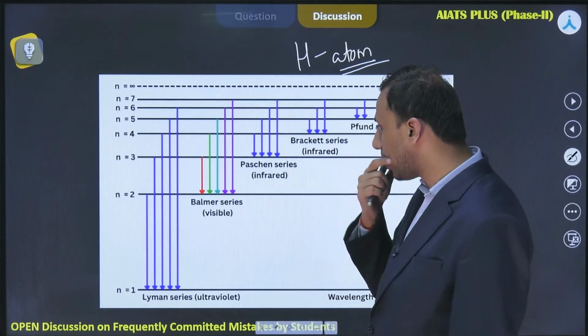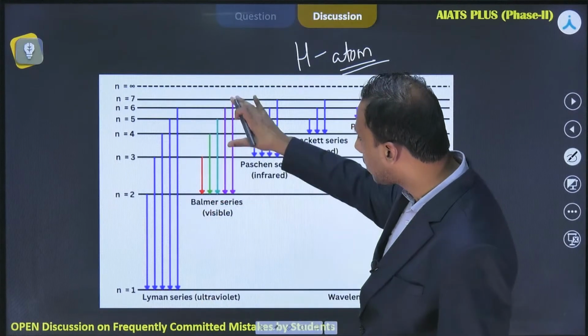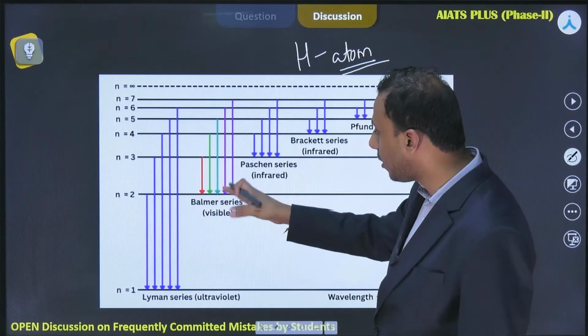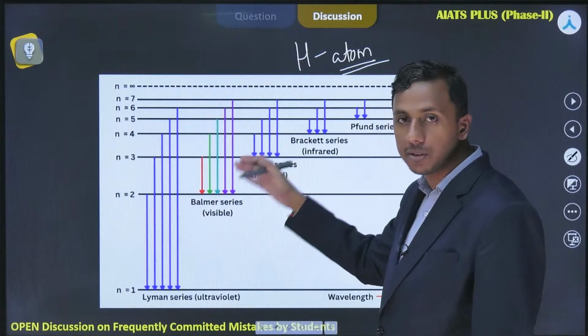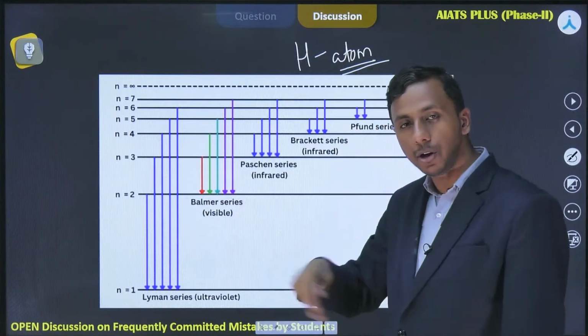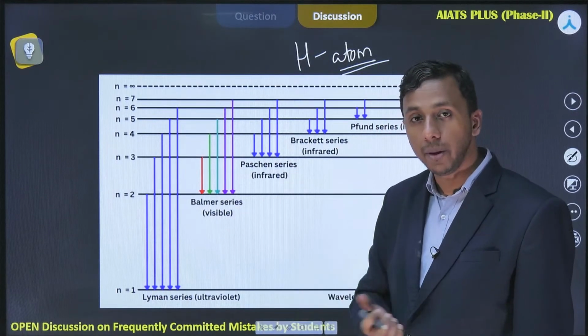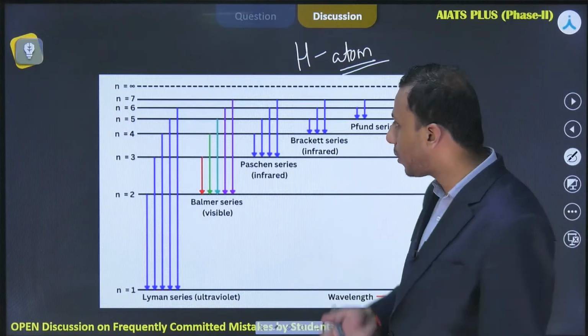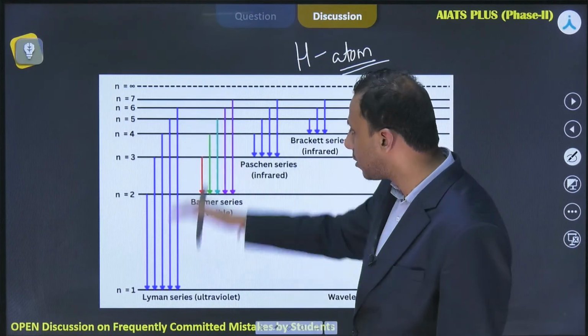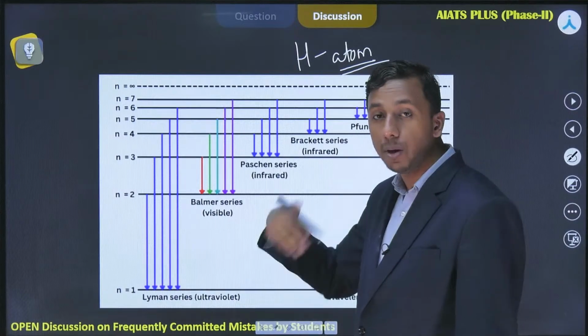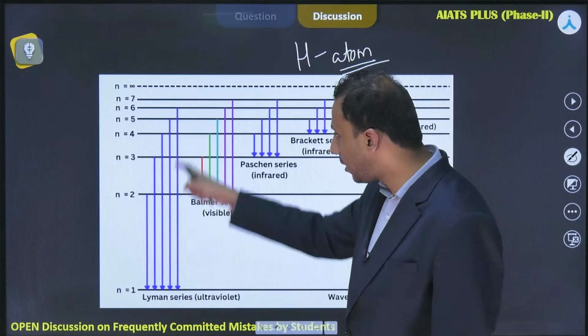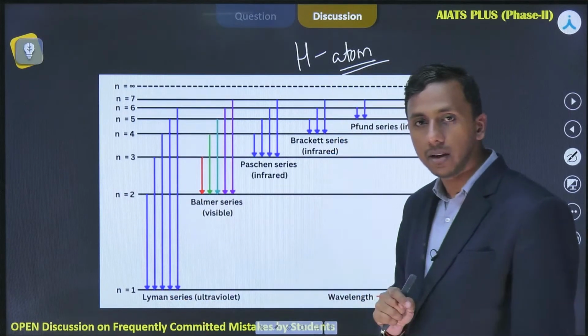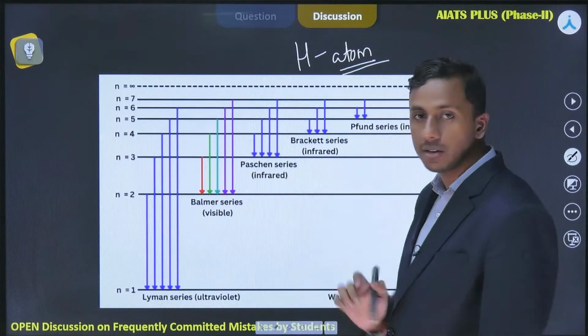And if you tell me why this series is, let's say, visible, or if the Balmer series is visible, then would the Lyman series automatically be ultraviolet? It has to be. Why? Because the energy of the photon involved would be more during the transition in the Lyman series compared to the transition in the Balmer series.